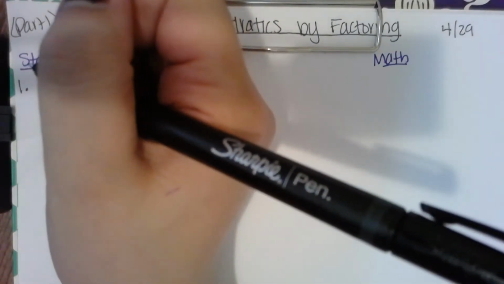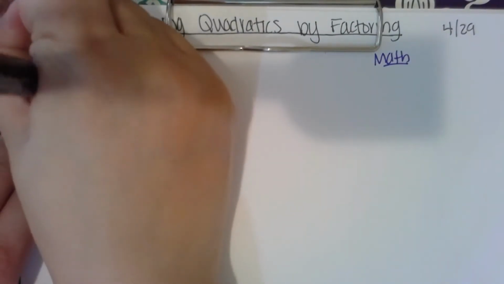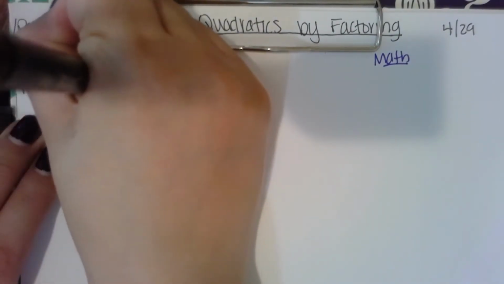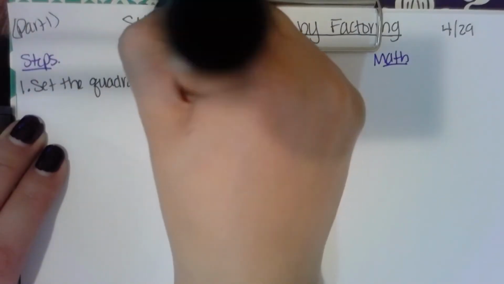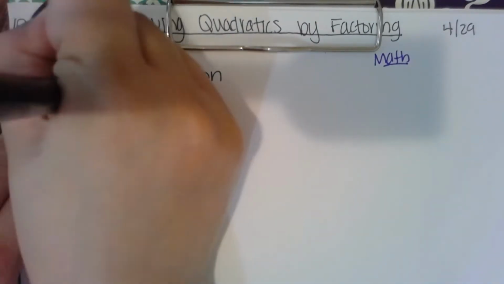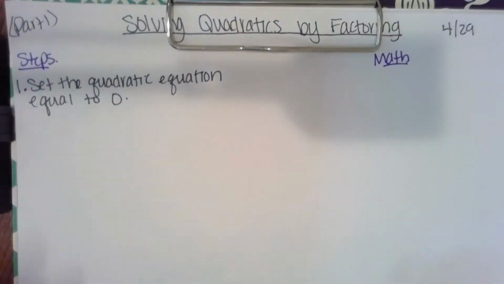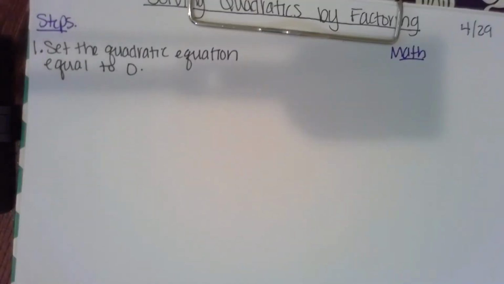So your first step is to set the quadratic equation equal to 0. Normally your quadratic equation should already be in standard form. Most likely it says y equals ax squared plus bx plus c. So when you set it equal to 0, you're really just making y equals 0 and solving it from there.